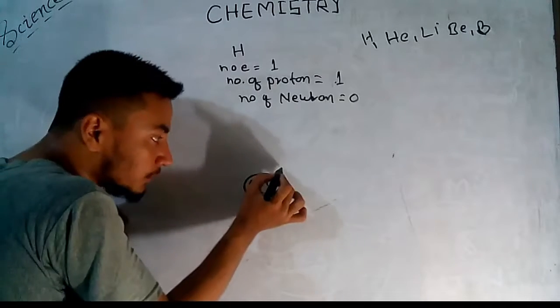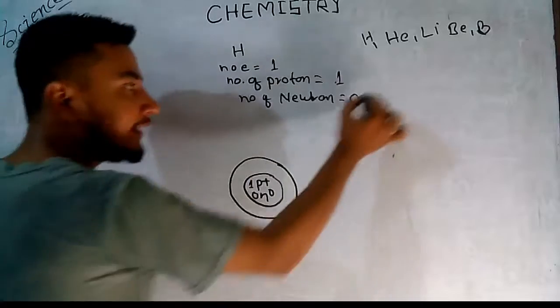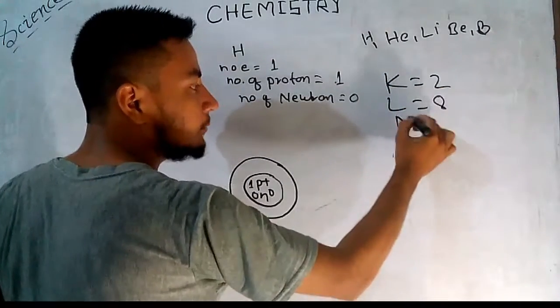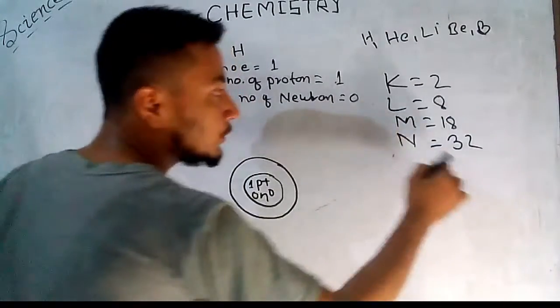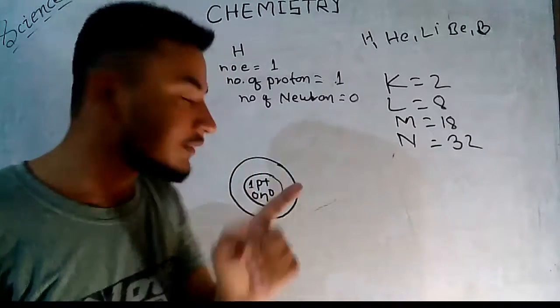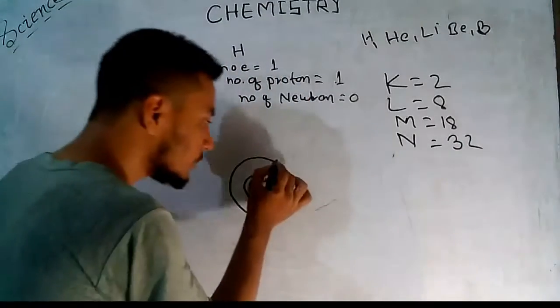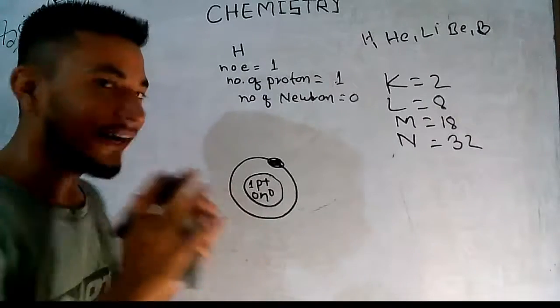Then after that we have to draw the shell, that is the K shell. Tell me, K shell how many electrons? 2, L 8, M 18 and N 32. So in the K shell we can put 2 electrons. Here in hydrogen how many electrons? Only 1 electron. So 1 here. So this is the atomic structure of hydrogen.